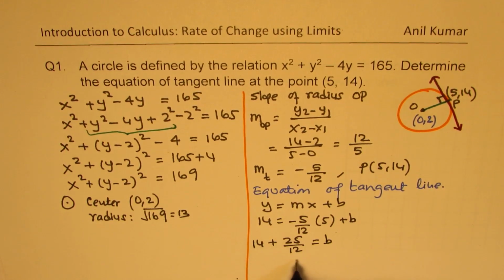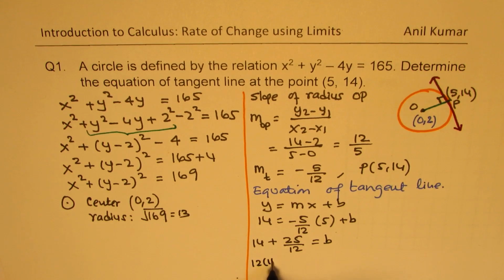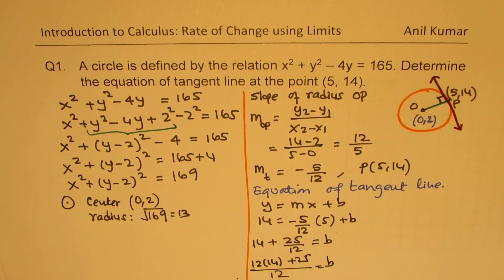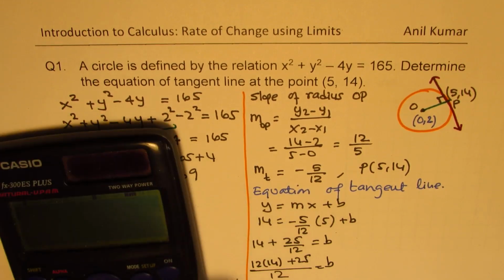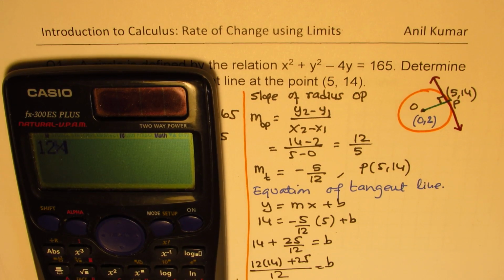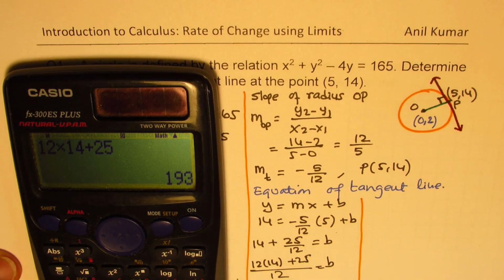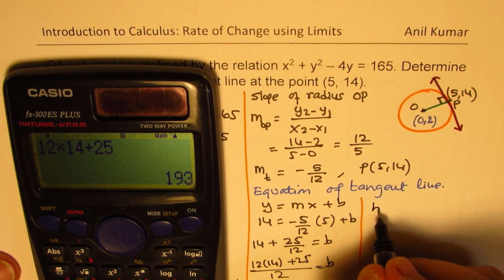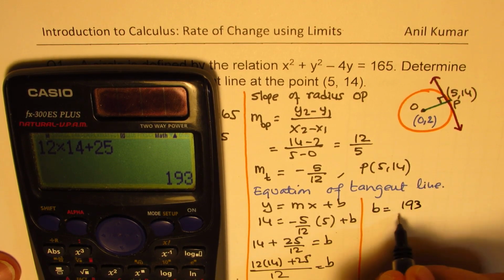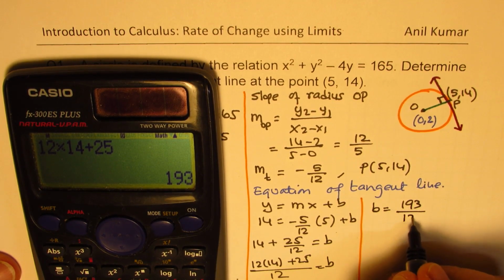So we get what? We get (12 times 14 plus 25) over 12 is b, right? Let's use calculator to find this value. So we have 12 times 14 plus 25 is 193. So we get the value of b, let me write down here. So we get the value of b as 193 over 12, right?